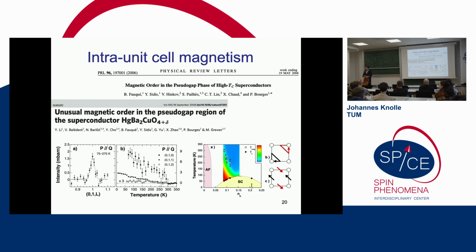From NMR, that essentially says this is ruled out. The same is true for the Varma loops. You have the same symmetry, which would generate the same thing. But it's quite interesting that people were doing that at the time.